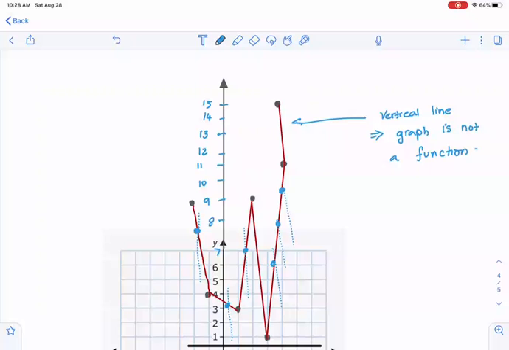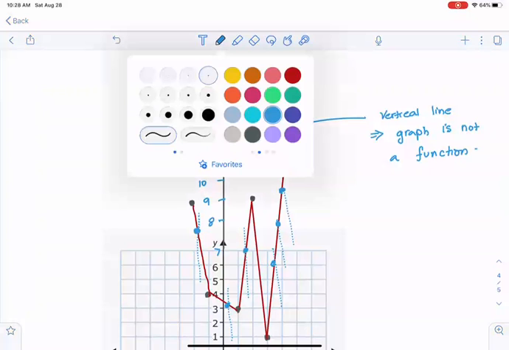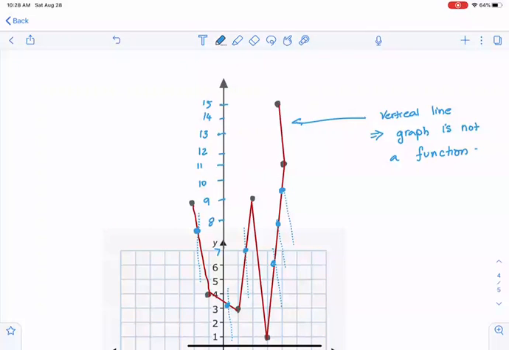But if I drew a vertical line through a vertical line, you can see that the vertical line that I drew is touching multiple points on the curve.